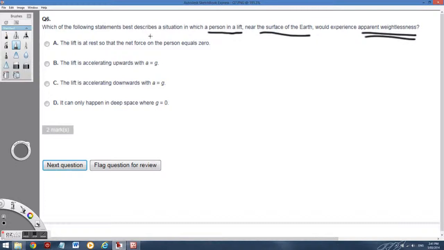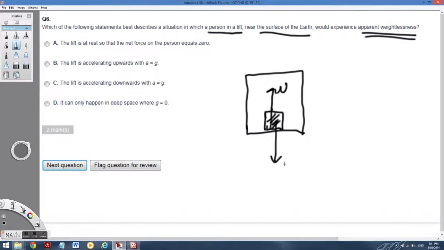Well, let's do a scenario. I have a person, I just draw a block. I have a normal force acting upwards, and the weight force goes downwards. Now I want apparent weightlessness, so the normal force must equal 0.